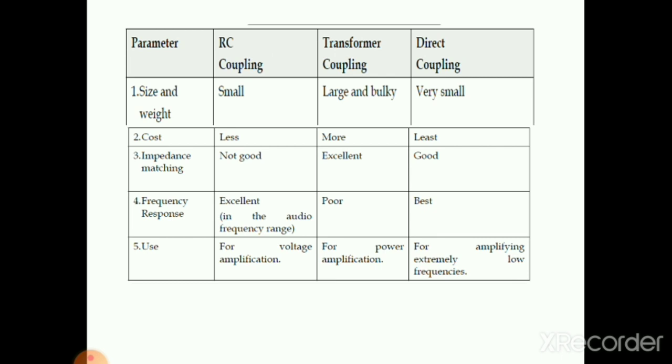So in that particular frequency range it has excellent frequency response. But for a high frequency range, it is worst because we didn't design it for high frequency. So whatever frequency we selected for its application, it works excellently in that particular range. That's why the frequency response for direct coupling is at best, and it is used for voltage amplification, and transformer coupling is for power amplification and for amplifying extremely low frequencies.